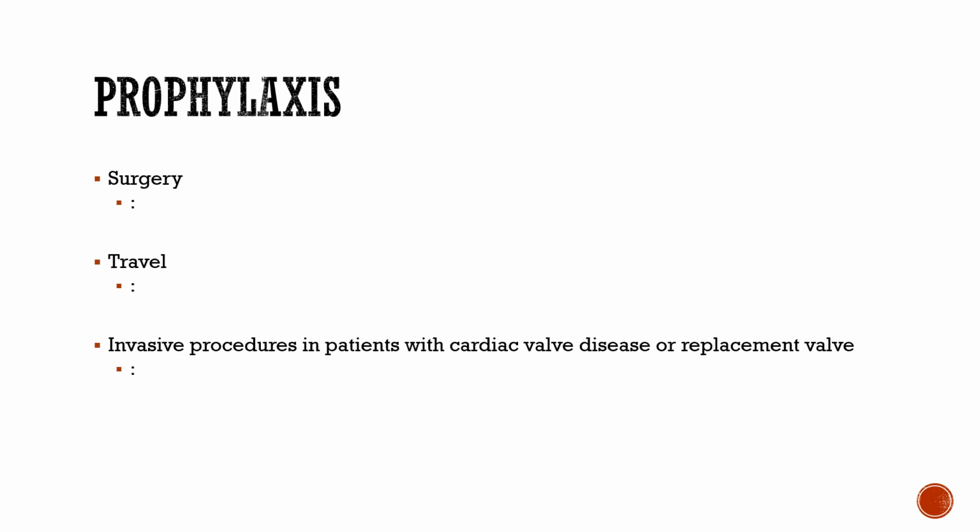It all depends on the type of surgery, of course, as far as how much antibiotic, what antibiotic, and for how long they're going to give it to you. But as far as the U.S. Department of Health is concerned, they say the most optimal time to give an antibiotic for prophylaxis before surgery is 60 minutes before the surgery, and then for no more than 24 hours after the surgery.